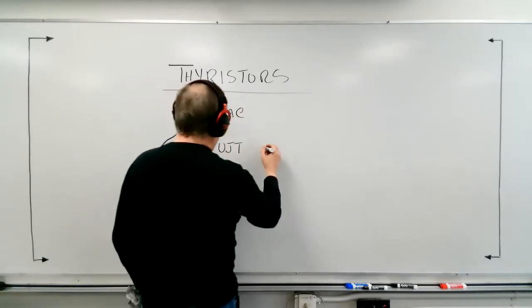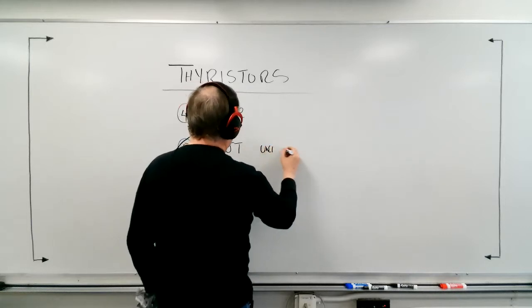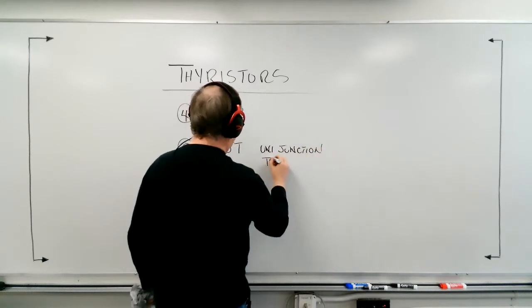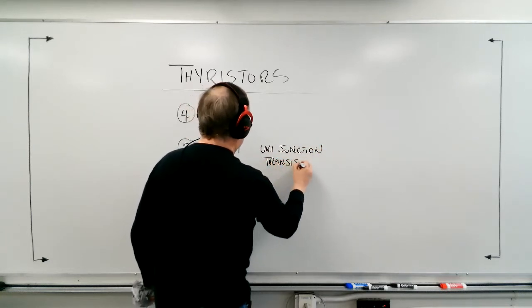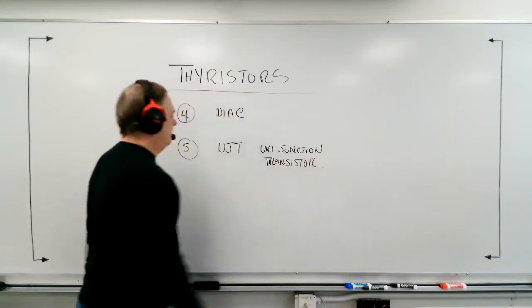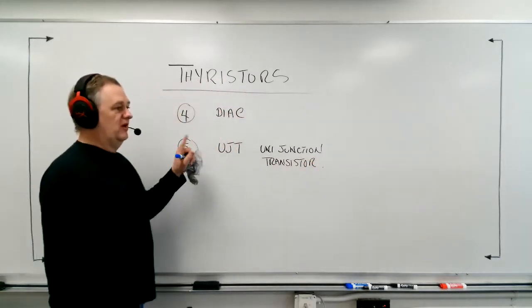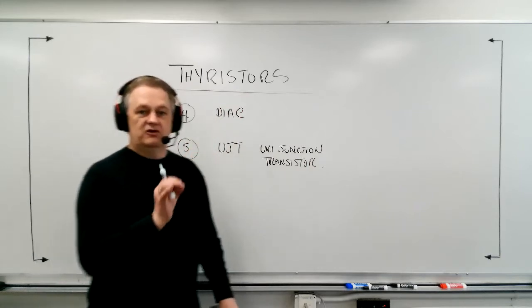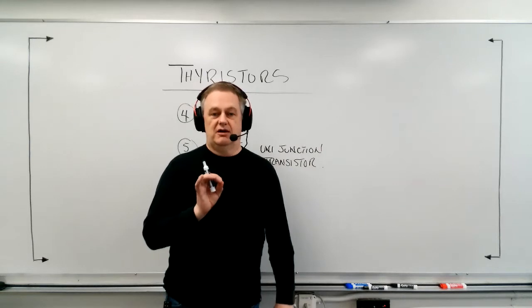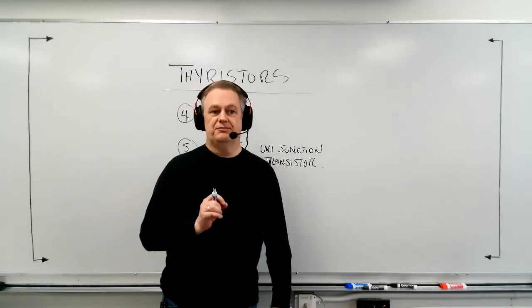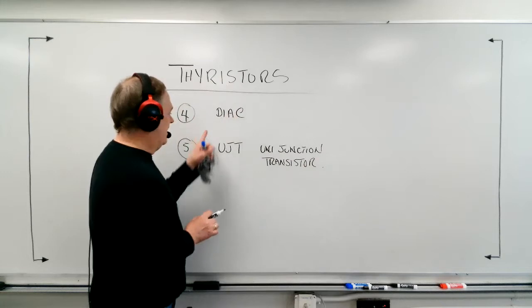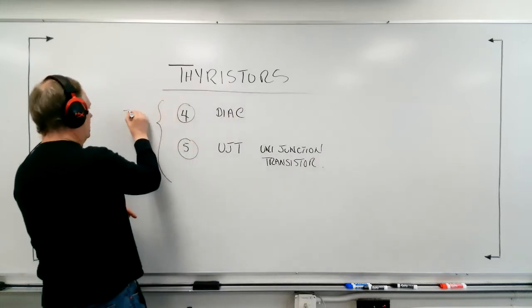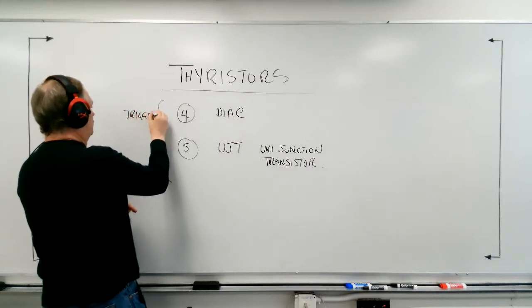The UJT stands for unijunction transistor. For our trigger pulse devices that control that small shot of current going into the gate of the actual controller, we're going to use diacs and UJTs. These we call triggering devices, trigger devices.